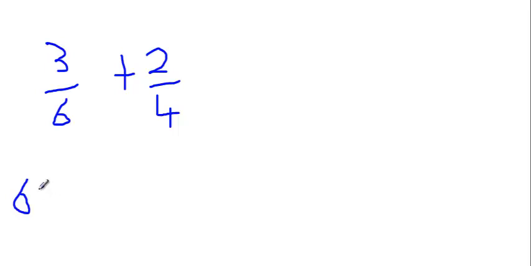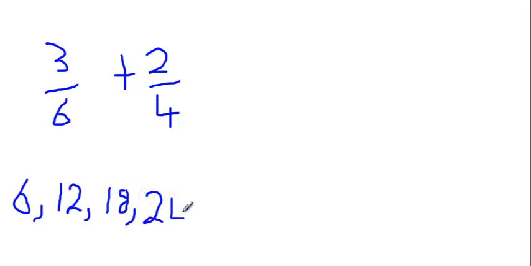So looking at sixes, we start with 6, then our next is 12, then we go 18, then we have 24, and 30. I'm just going to take those 1, 2, 3, 4, 5 multiples as a brief example.